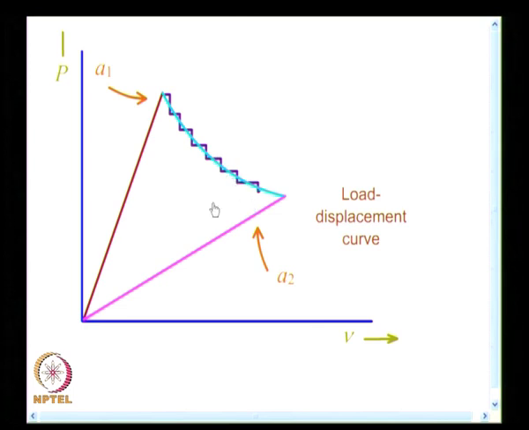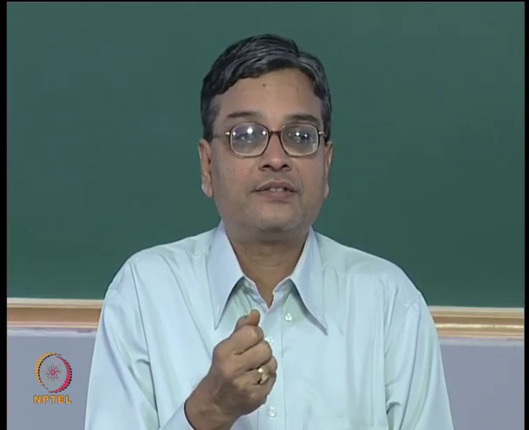So, what we have seen in this exercise is the quantum of energy available is same in both the cases of constant load and constant displacement. In one case, the strain energy increases by crack advancement, in another case strain energy decreases by crack advancement.